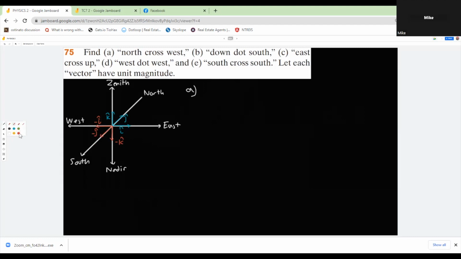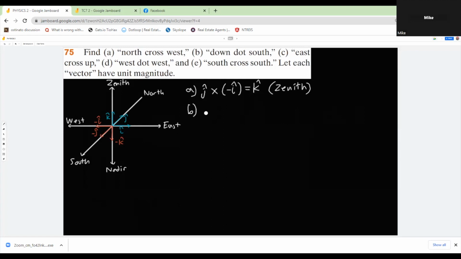Yung mga ganyan, i-right hand product is... bakit dot? Wait. Cross. B. That down, that's south.